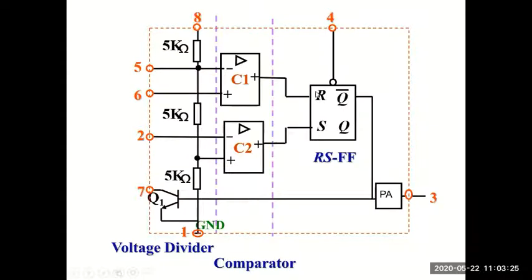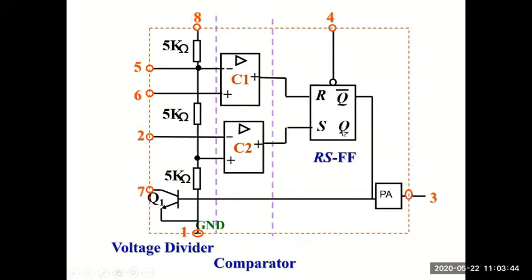And the second condition, when R is 1 and S is 0, it is reset state. Q becomes 0, Q bar becomes 1. And when both R and S are 0, then output will remain in its old state.